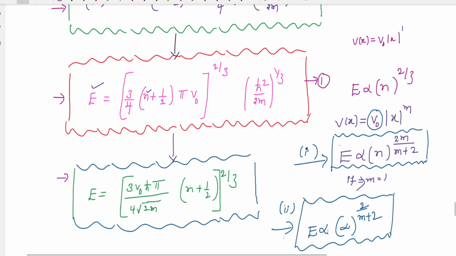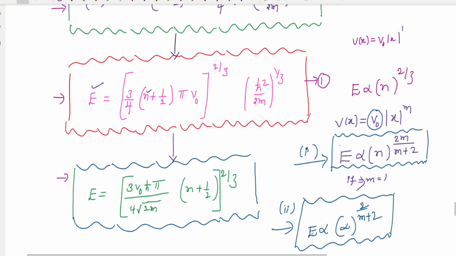Observe here the E depends upon some other functions. Suppose here we discuss V naught, right? For V naught there is no power m here. This is why I didn't use any factors here, right? So forget all these things.